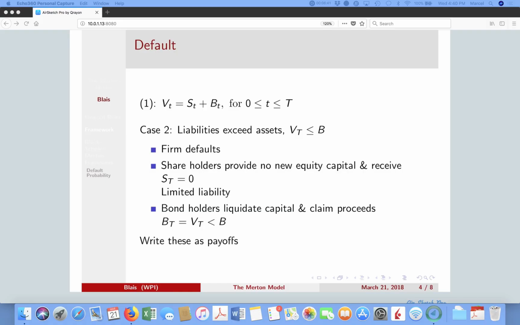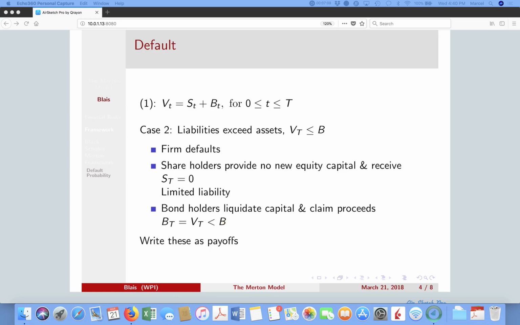So of course, this is a less than or equal to. If it's actually equal to, then the bondholders just take all the value. They get made whole. They get their full face value B paid. But there's no value left over, and so the firm is liquidated. The firm is gone. In the case where the value of the firm is strictly less than B, the way to think of it is that the bondholders liquidate the firm and claim the proceeds from that.